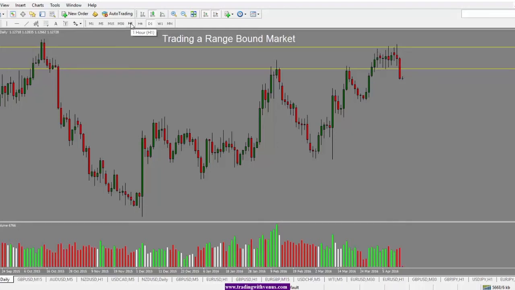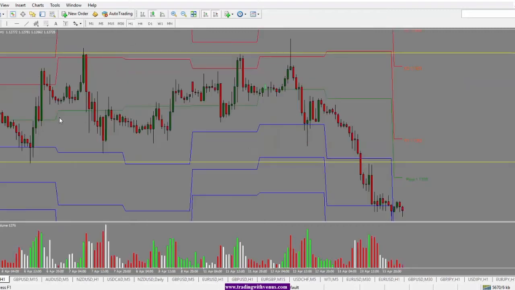Now let's take a look at the daily chart here. As you can see, every time the price came here, it got pushed back up, and every time it went to the top, it got pushed back down. Another thing that we notice in a range-bound market is that the price tends to go between R1 and S1. So this is a pivot point trading strategy here as well.